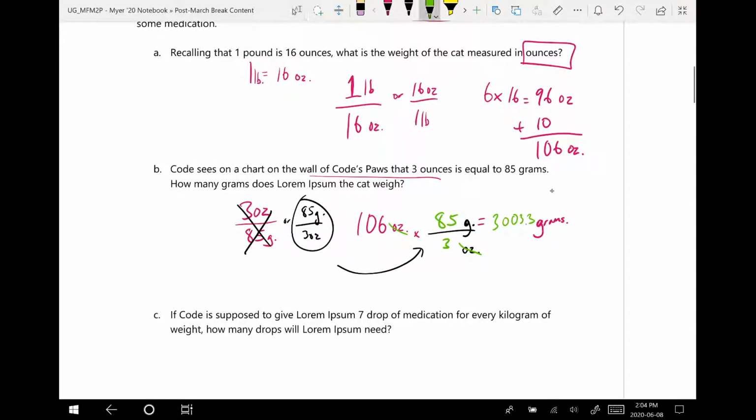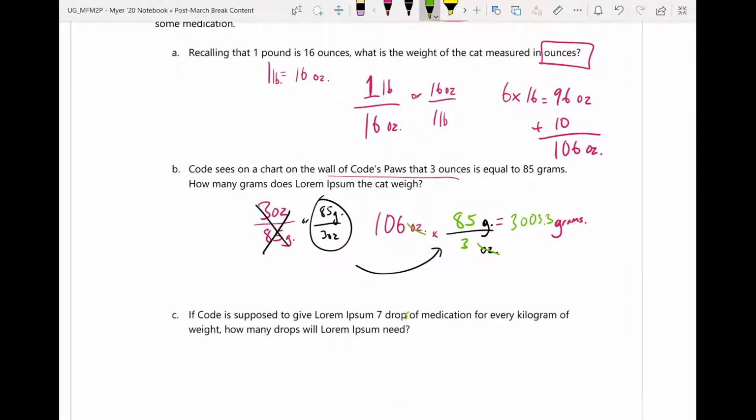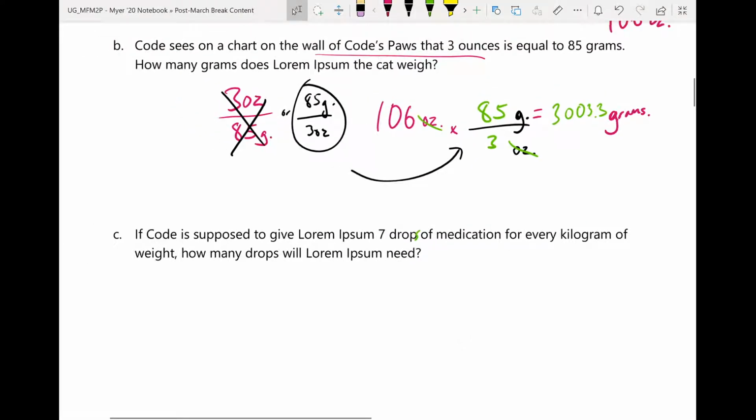If Code is supposed to give Lorem Ipsum 7 drops of medication for every kilogram of weight, how many drops will Lorem Ipsum need? Well, I know that 1 kilogram is equal to how many grams? 1,000 grams.